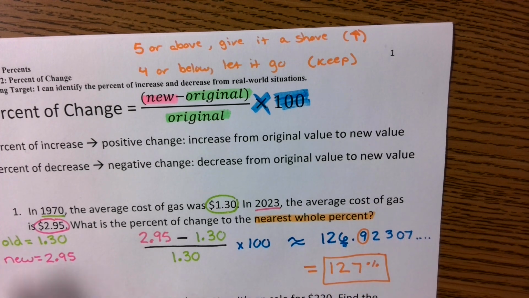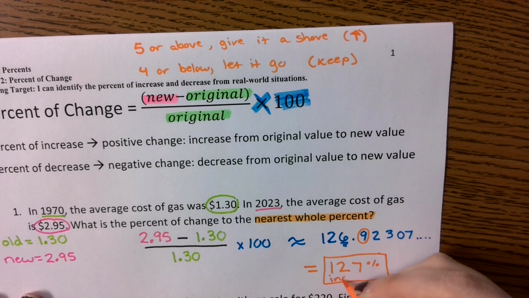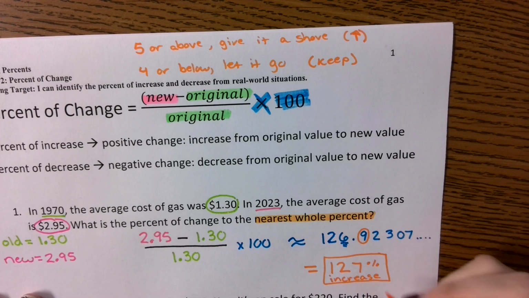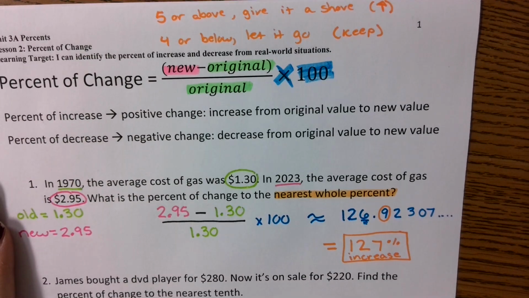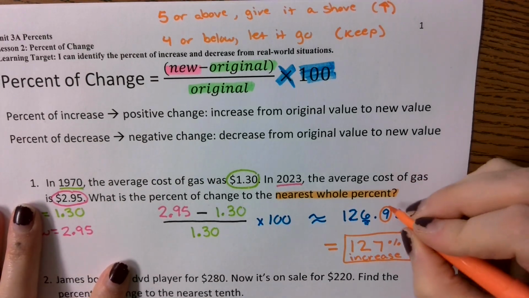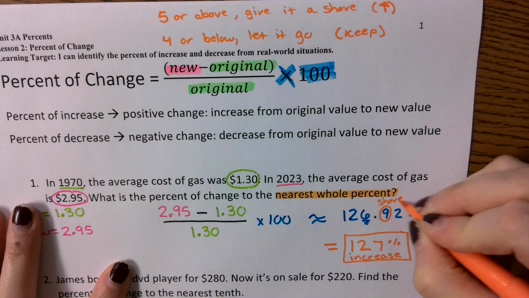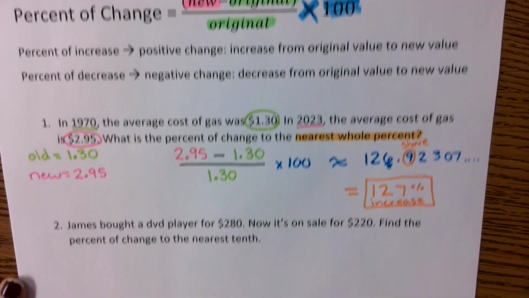And is that an increase or a decrease? Increase, because it was positive. So we're going to put increase. A 127% increase that we had. All right, we shove.